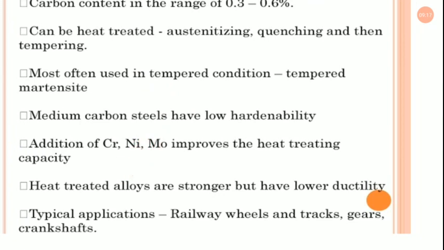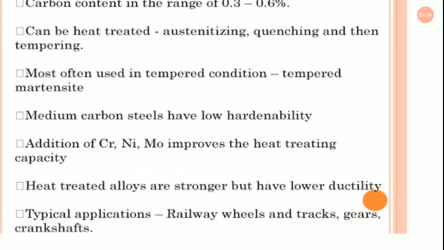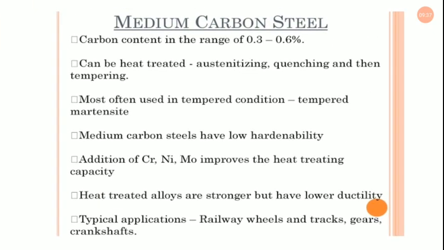Addition of chromium, nickel and molybdenum improves the heat treatment capacity. Heat treated alloys are stronger but have lower ductility. Typical applications are railway wheels and tracks, gears and crankshafts.